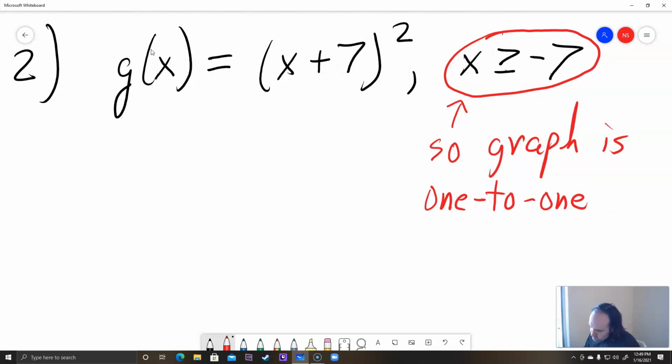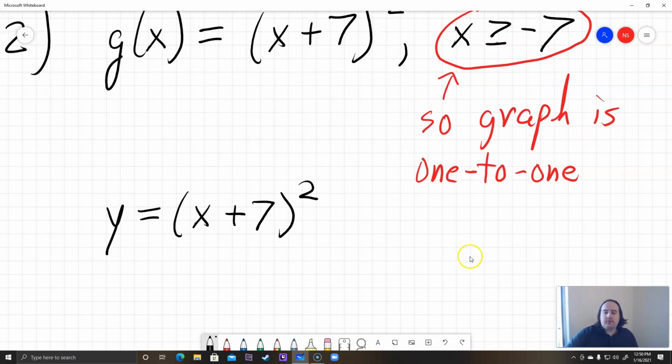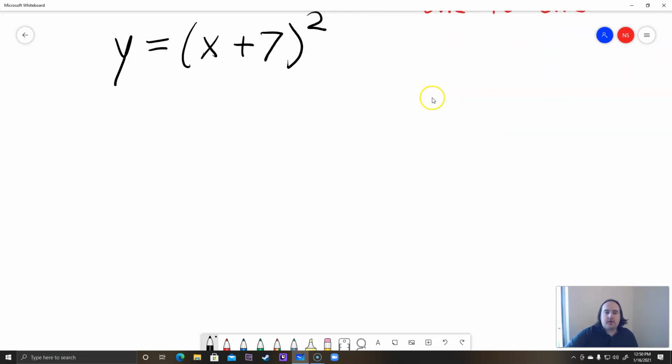Okay, so our first step is to replace the g of x with y. So we have y equals (x + 7) squared. Okay, so there's step one. Pretty easy first step. And then our second step is going to be to switch x and y.